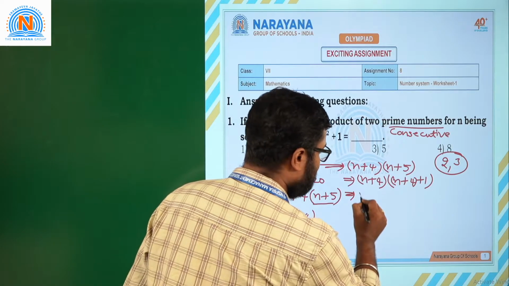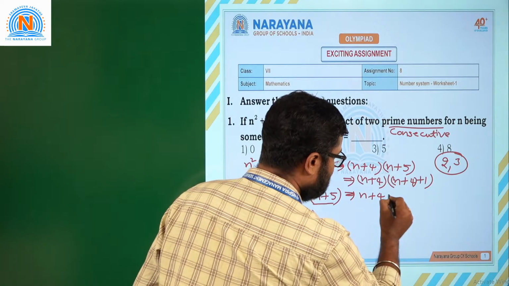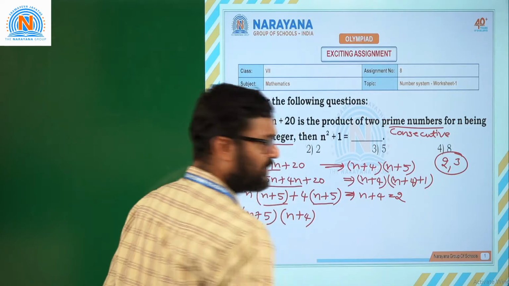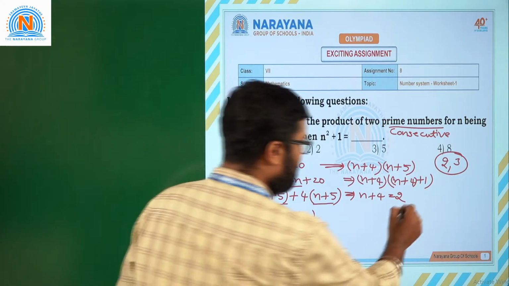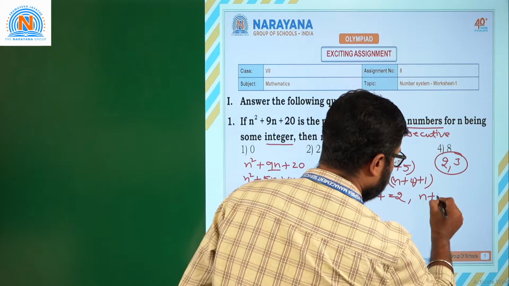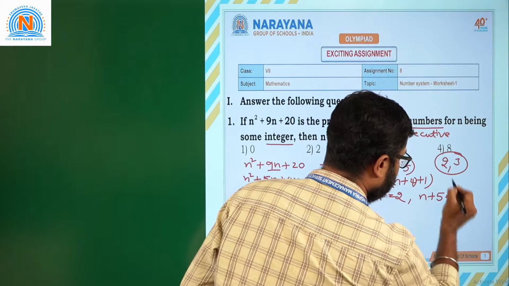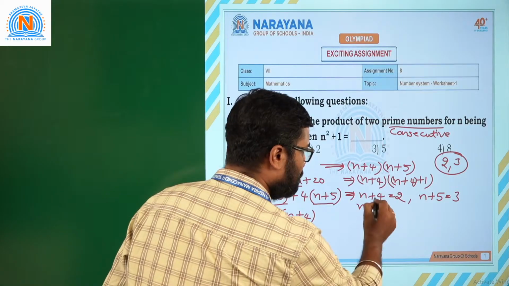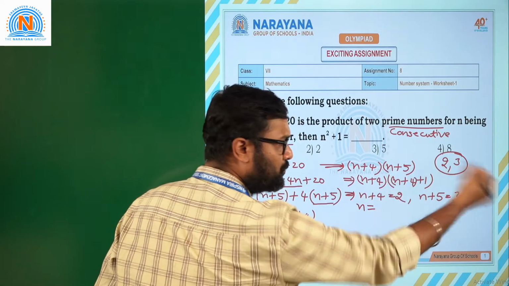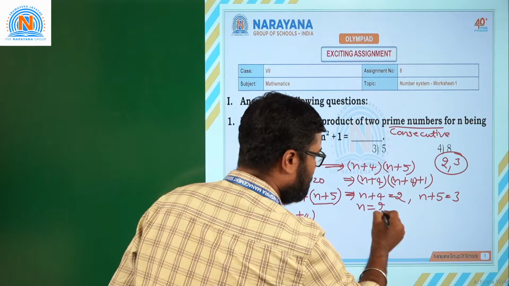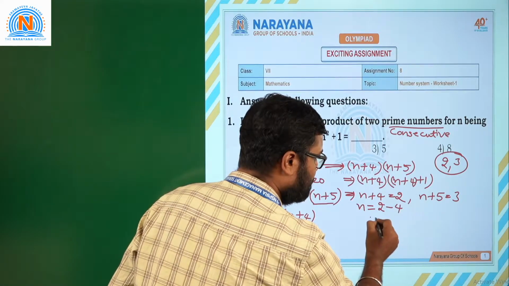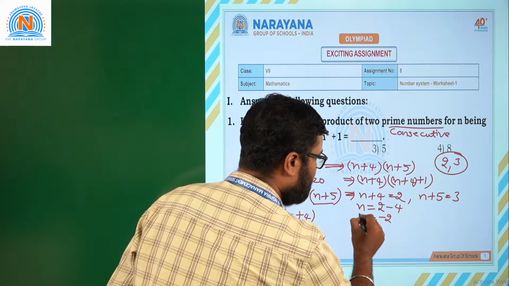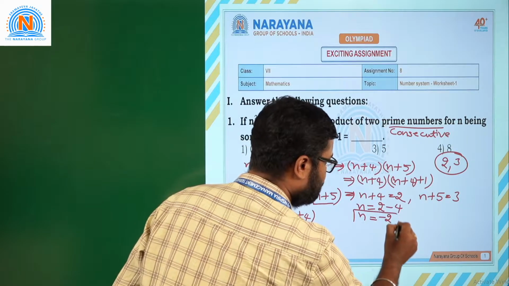That means n plus 4 is equal to 2 and n plus 5 is equal to 3. So now n is equal to 2 minus 4, as 4 is transposed to the RHS, so n is equal to minus 2.